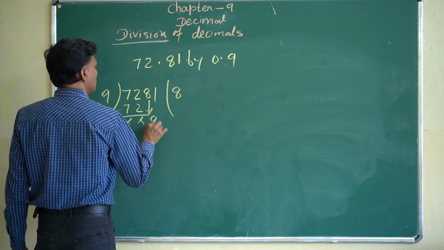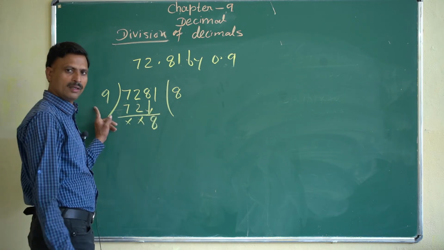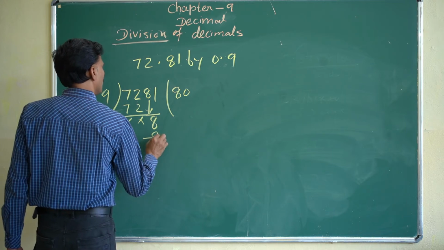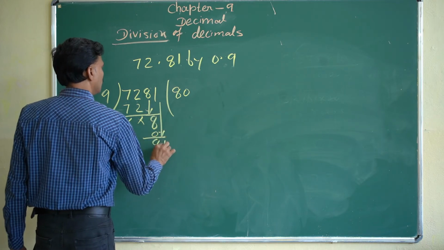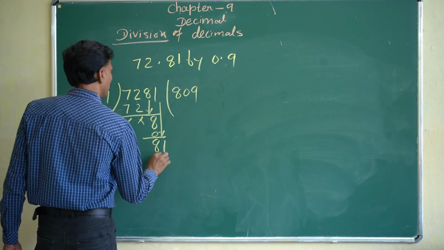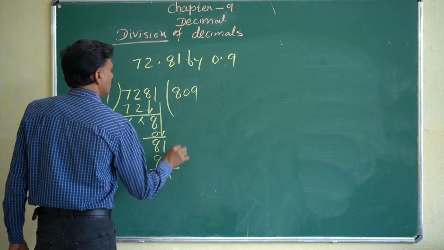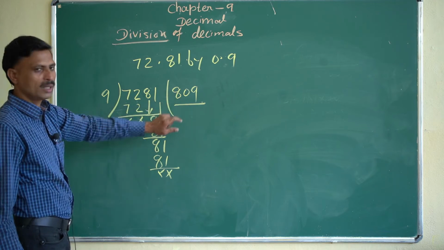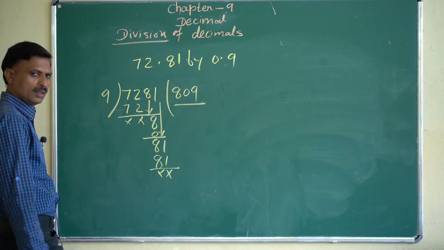We'll copy down 8. Since the next digit is less than 9, not divisible, it will be divisible 0 times. Now we'll copy down 181, now 9 times, 990. So what is the answer coming? 809.